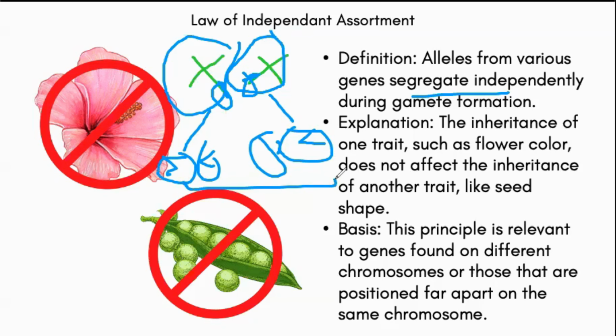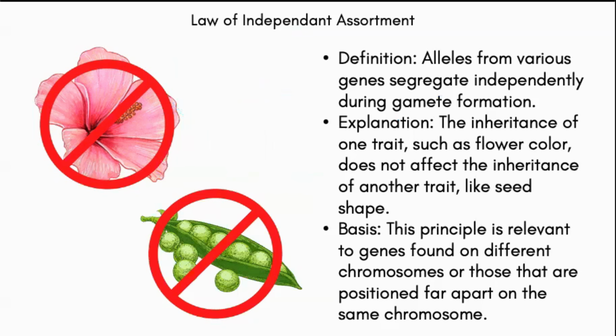So the four daughter cells, due to the swapping and the idea that we're separating the segregation, we have gamete formation that is very unique. So the inheritance of one trait, such as flower color, is also noted to not affect another trait. So I want to point that out as well.